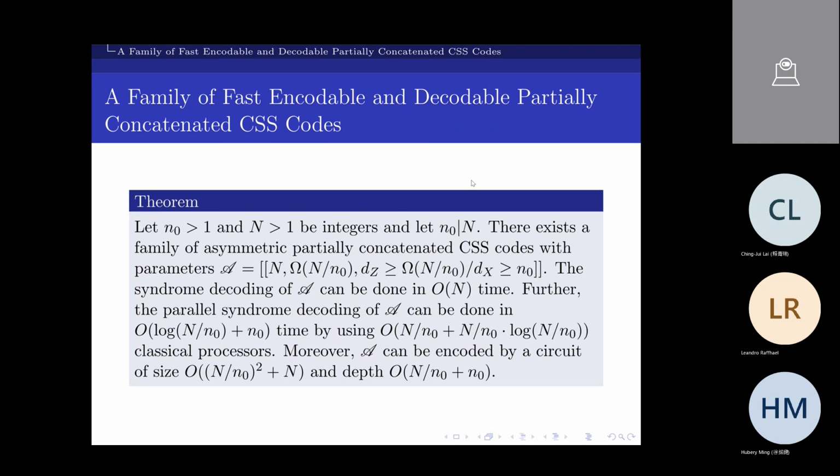The expander code, yes. The particular classical linear codes we used to obtain the faster encodable and decodable codes are expander codes. Also, expander codes were used to construct quantum LDPC codes.